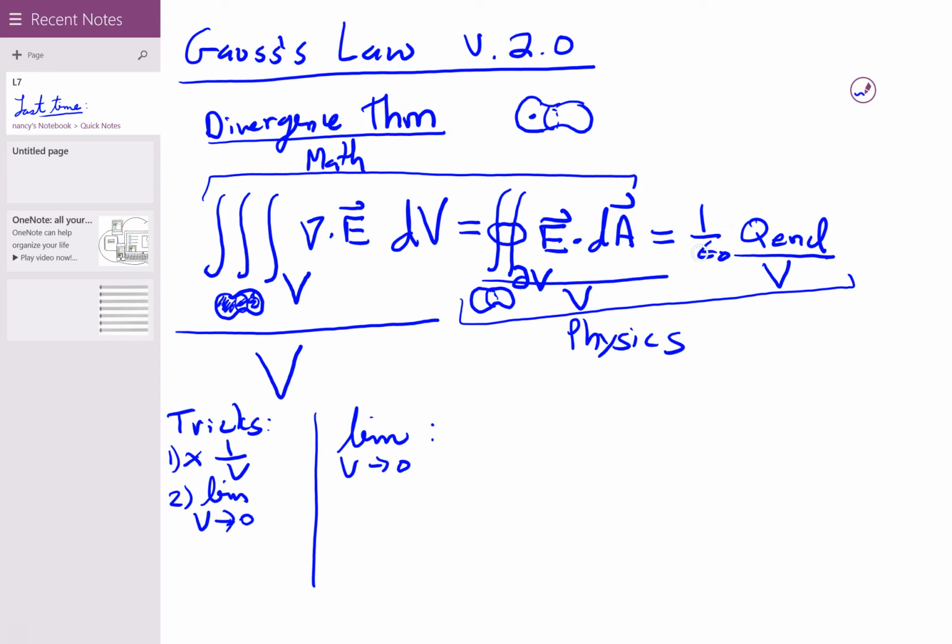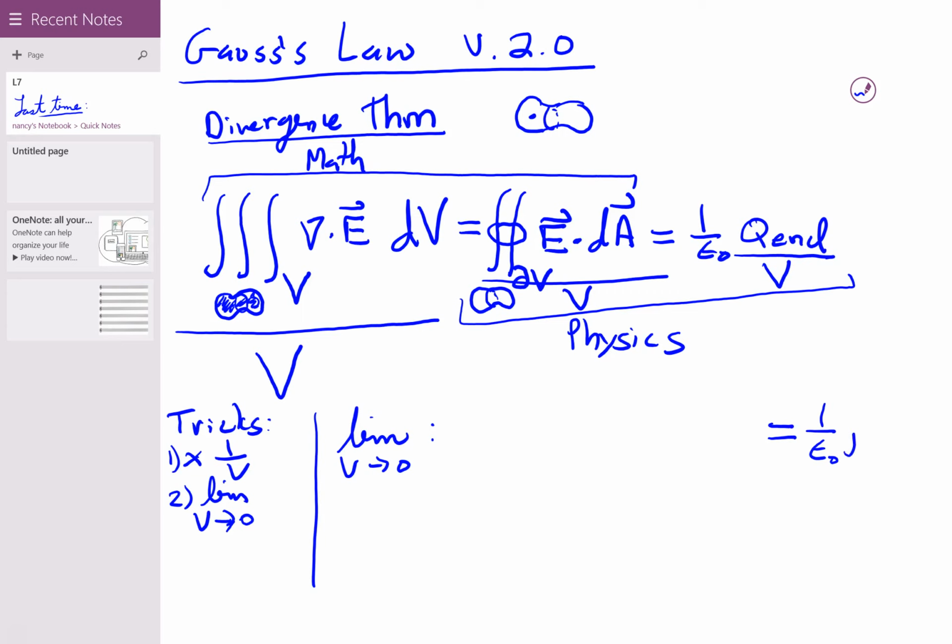So on this side of the equation, as I take that limit, I'm just going to get 1 over epsilon naught. Now, the remaining pieces: think about what this is. This is the total charge inside the peanut. This is the volume of the peanut. So what I'm getting is the charge per unit volume in my peanut. Good. That's just charge density. We usually call that rho.